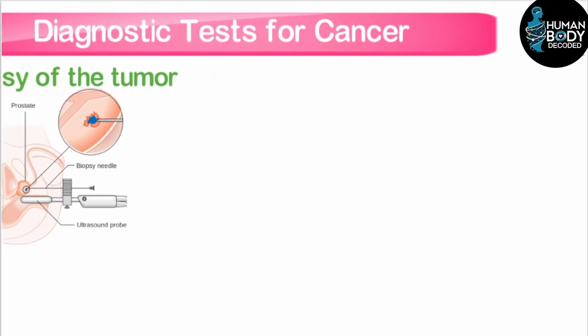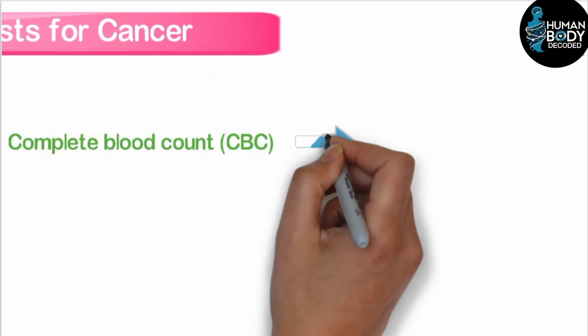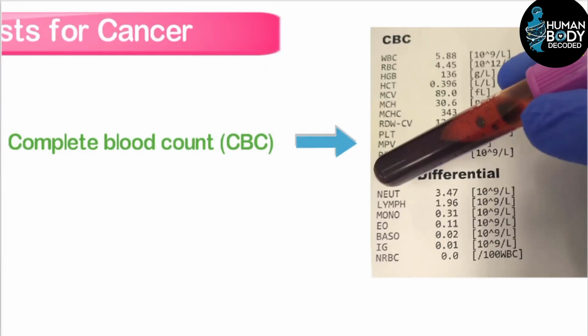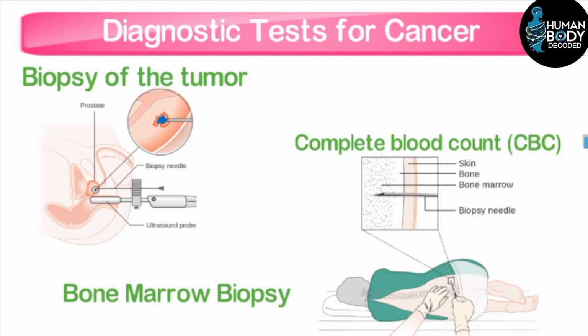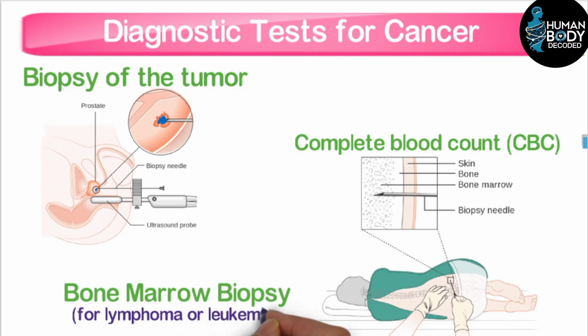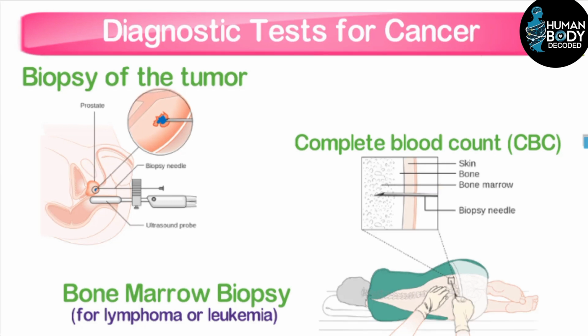The second test we do is CBC, complete blood picture, in which we find out cancer. Number 3, bone marrow biopsy. But for which type of cancer do we do bone marrow biopsy? Mostly for either lymphoma or leukemia. These are the two types of cancer. I have already told you about them.